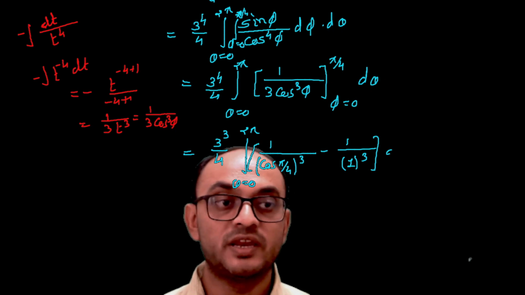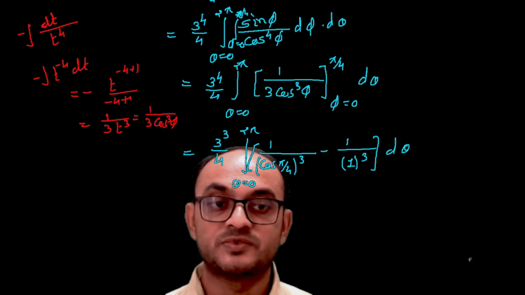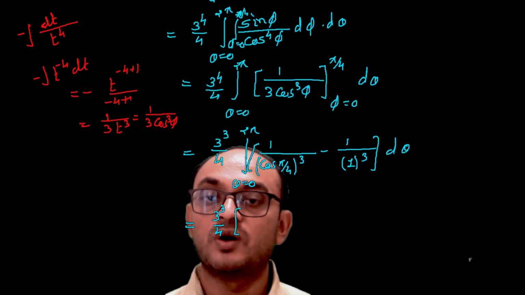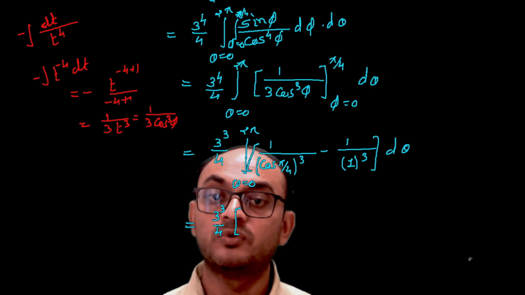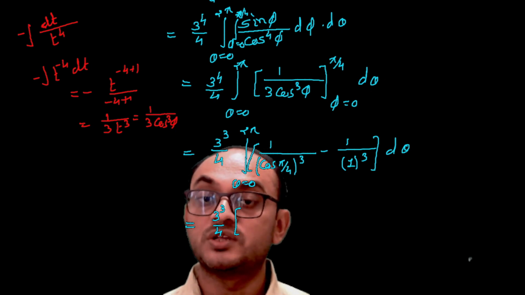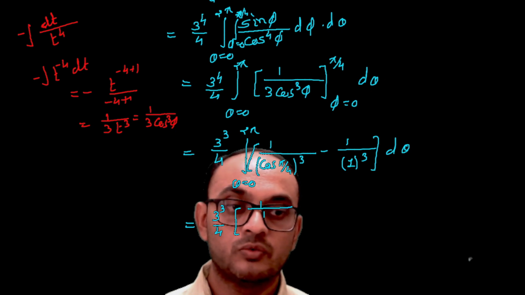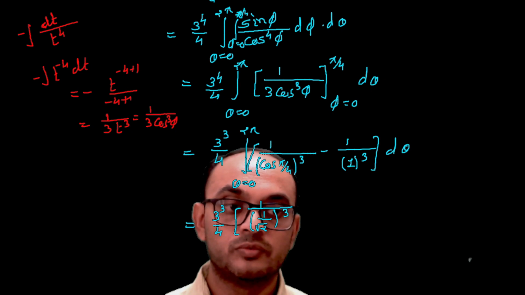For your understanding, I am writing all the steps. So this is equal to 3 cube divided by 4. What is 1 upon cos pi by 4? First, what is cos pi by 4? 1 upon root 2 whole cube minus, this is 1.